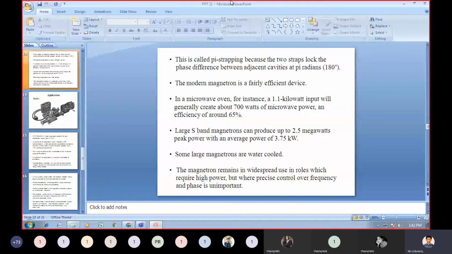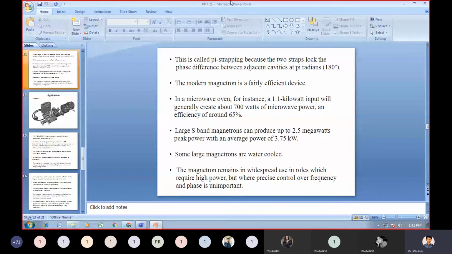You need to assume it like that in a microwave oven.